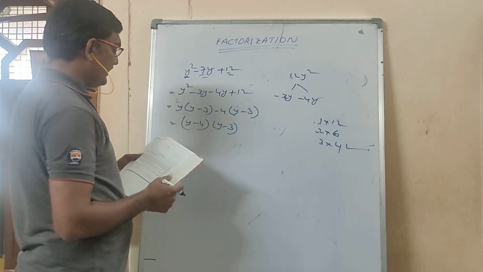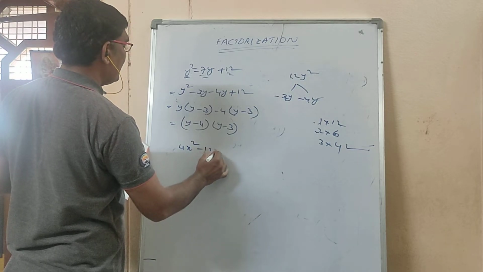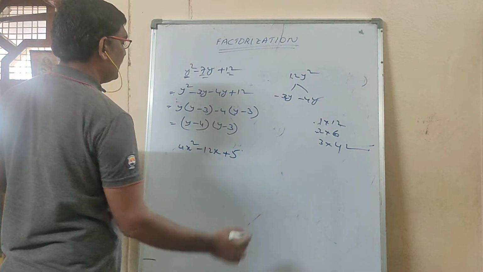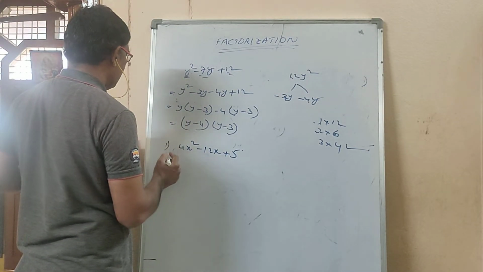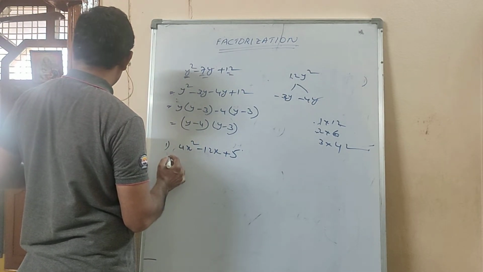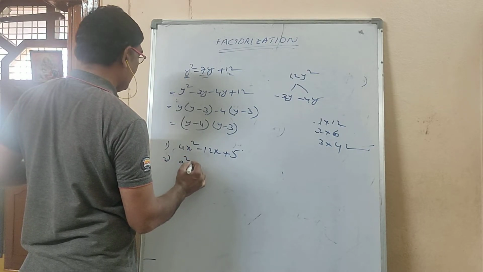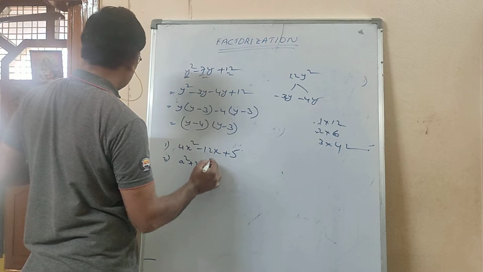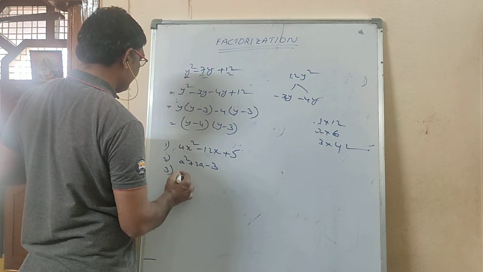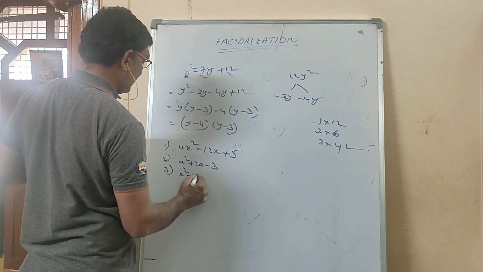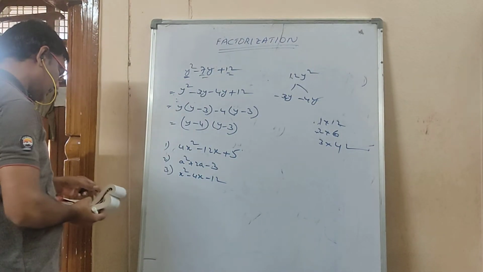Next, one more question is 4x square minus 12x plus 5. And the second question is a square plus 2a minus 3. Third question is x square minus 4x minus 12.